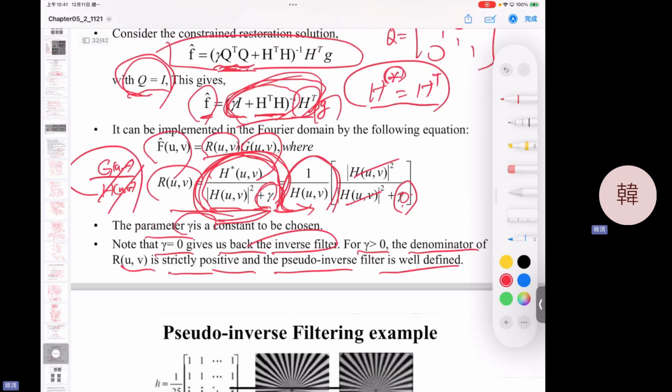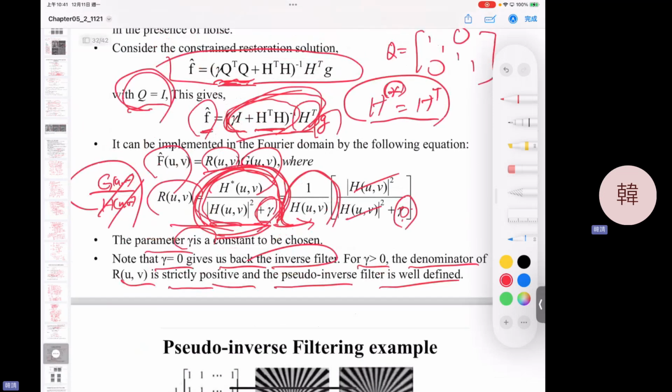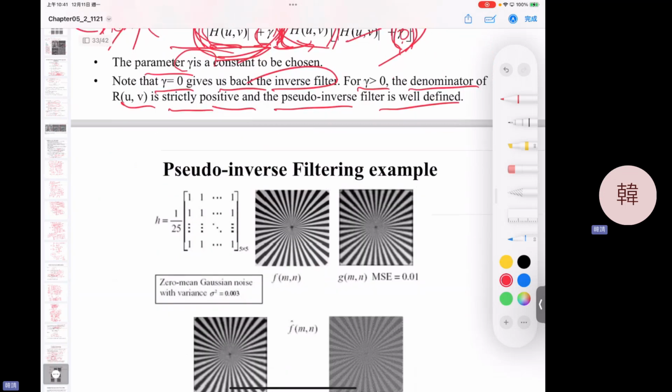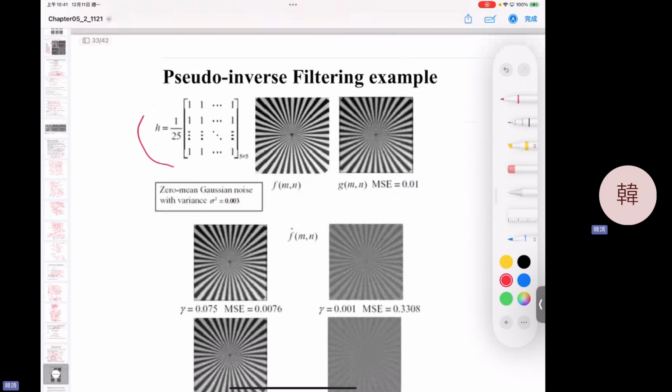Okay, remember the pseudo inverse is like this one. You have this degradation model, and you have this gamma constant there. So for example, we use this one. H is the degradation model, the blur function, right? You use the uniform matrix, a block matrix, a blur function.